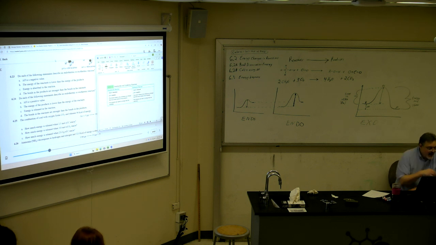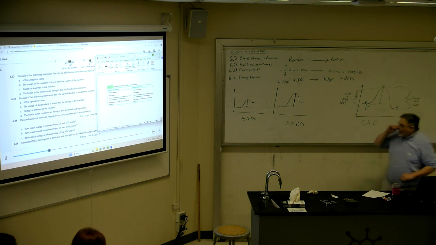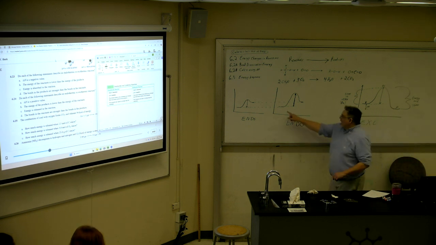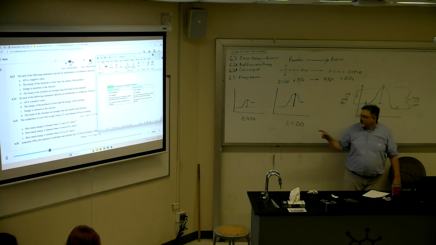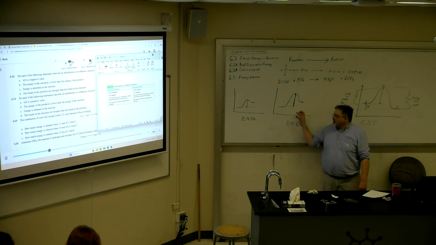If the energy of reactants is lower than the products, reactants are lower than products. Here's the reactant, it's lower than the products. So in the overall process, energy was absorbed.